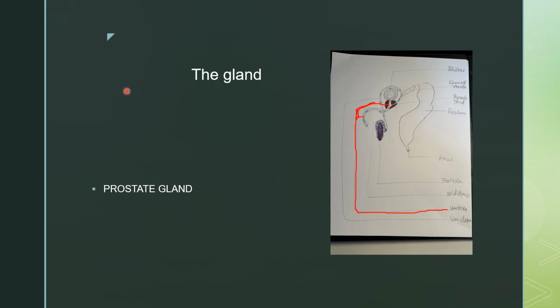Now, the prostate gland. This is one major buster along the journey of full information about prostatic cancer. Don't mind my sketch, I'm not a good artist. You can see the bladder here, and just below the bladder, the bladder neck, and down here you will see the prostate gland itself, right?